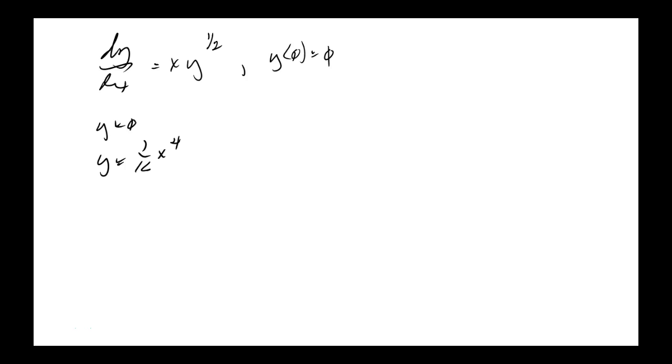Well, when x is equal to 0, y is equal to 0. And when x is equal to anything, y is equal to 0. So both of these are solutions to that initial value problem, but they're two different solutions. Here's one, there's one. Okay? At the point x equals 0, y is equal to 0, both of them are solutions, but that's the only point they are.